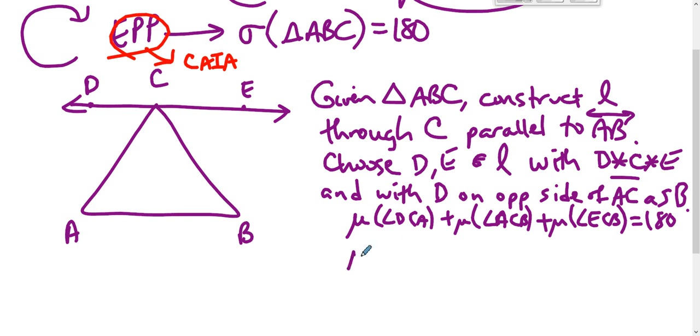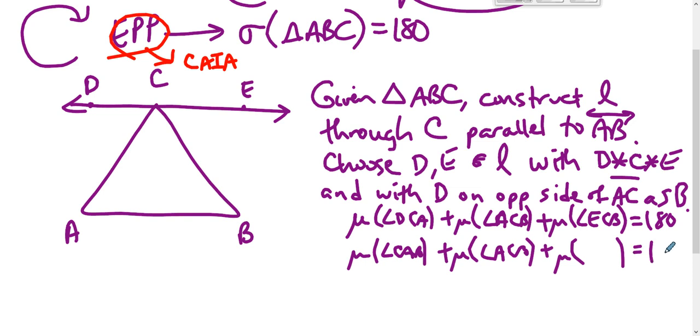So the measure of angle DCA is the measure of angle CAB, and the measure of angle ACB is exactly what we think it is, and the measure of angle ECB is the same as the measure of angle CBA, and we got it. This is exactly how we teach young people to do this. The other way is way more complicated.